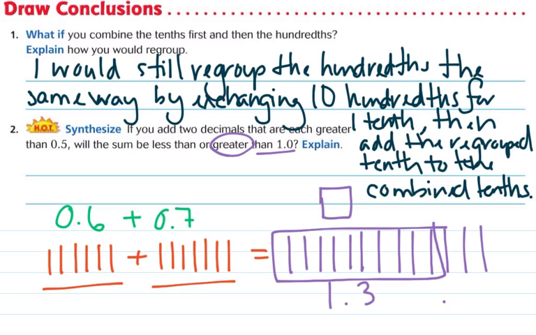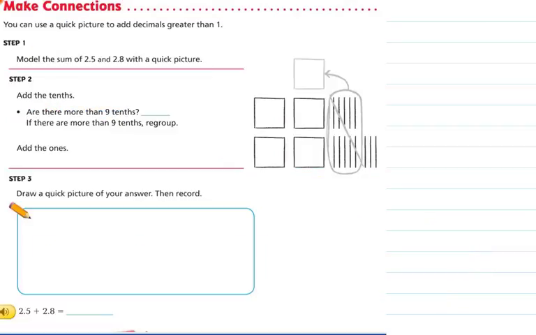So boys and girls, we are going to make some connections, and we're going to do quick pictures to add decimals greater than 1. This is something that we did in chapter 1, but we just modeled numbers. We did not actually add with them. So what we're going to do is model the sum of 2 and 5/10 plus 2 and 8/10 with a quick picture.